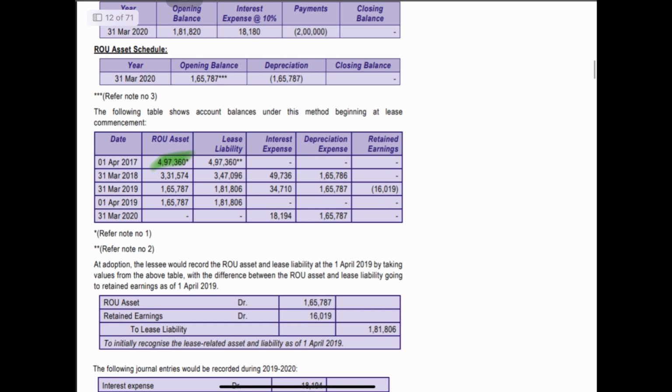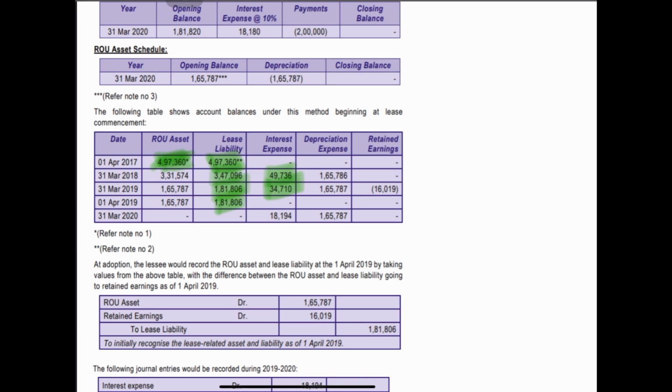So your ROU asset and liability at the beginning is 497,360. Then you calculate your interest expense at 10%, and then you are paying 200,000. Your lease liability is reduced by opening balance plus interest minus lease payment, and you get the closing lease liability like this.